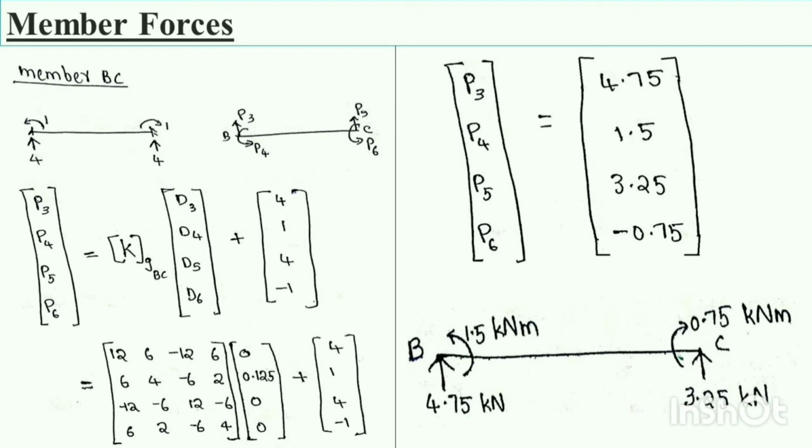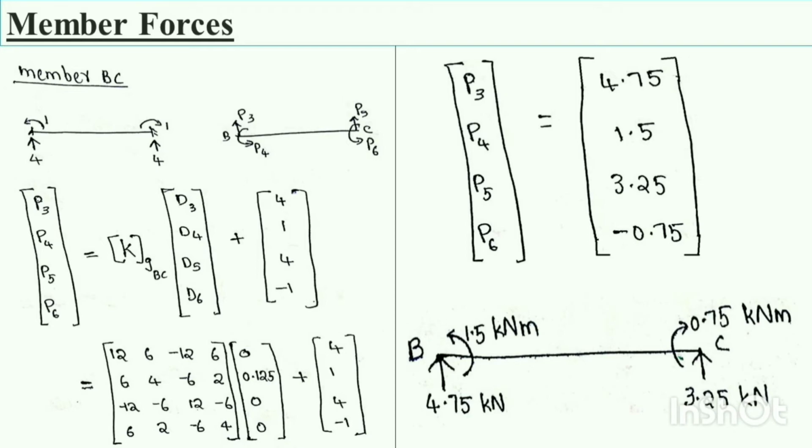After multiplying and adding, we get the forces as 4.75, 1.5, 3.25 and minus 0.75. Okay. In the figure you can see how the forces and moments are marked.